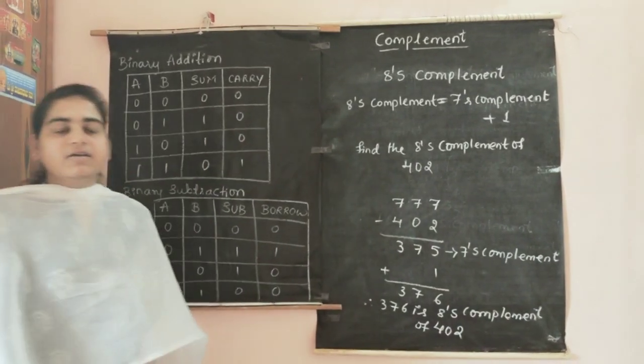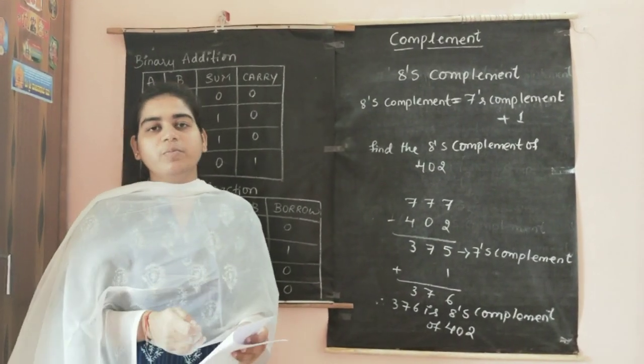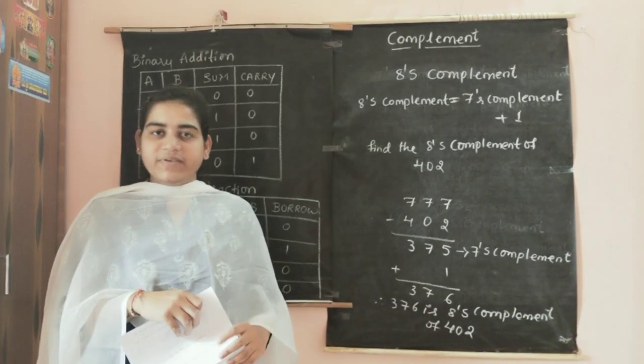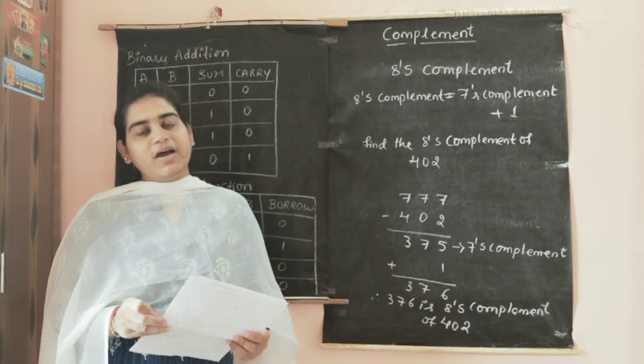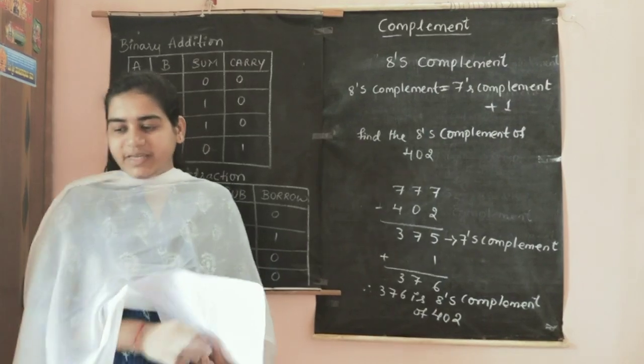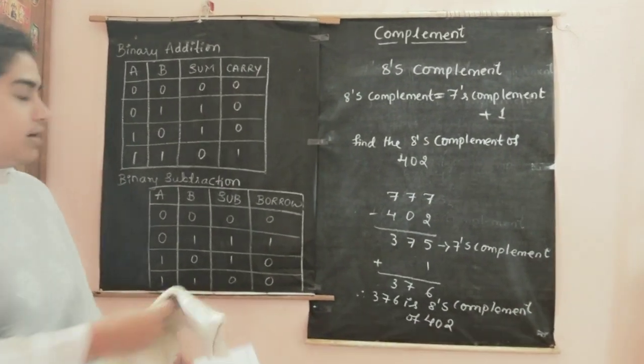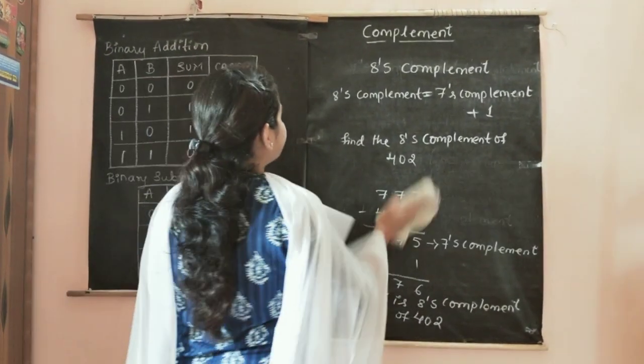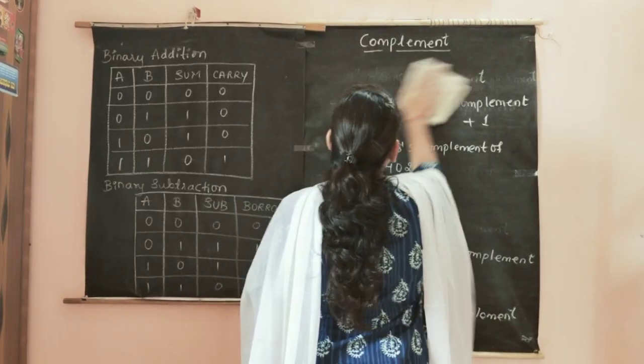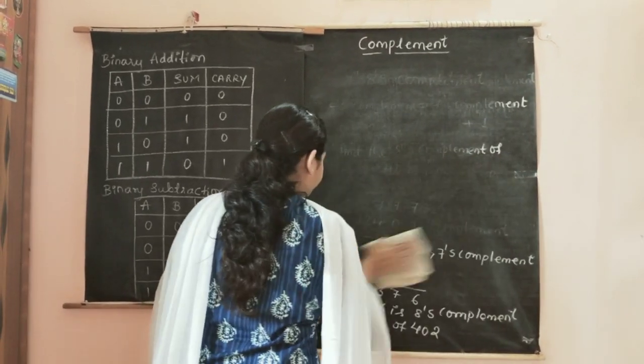So in order to find the 8's complement, first we have to find the 7's complement of the given number, then we add 1. This is about the radix complement and diminished radix complement of the octal number system.